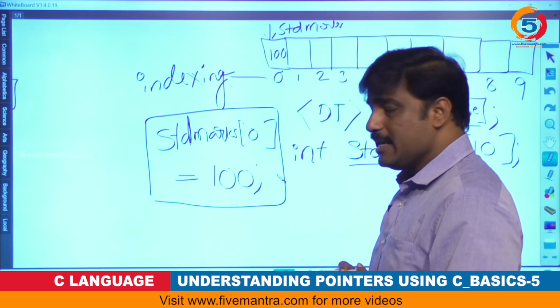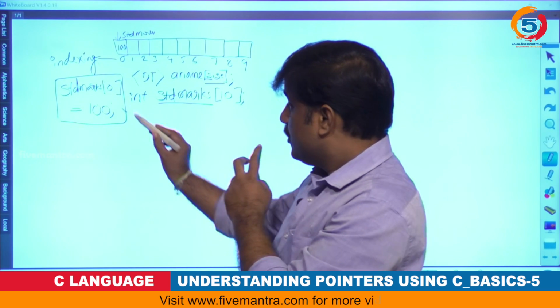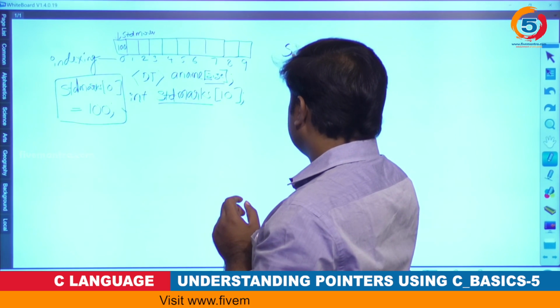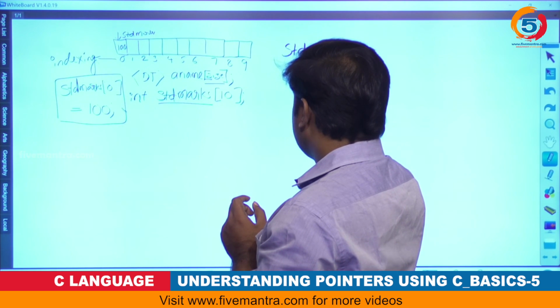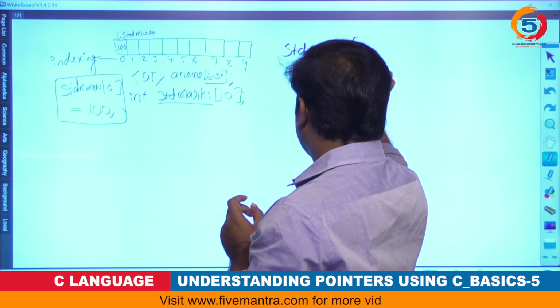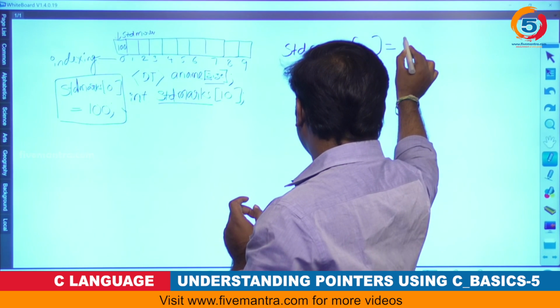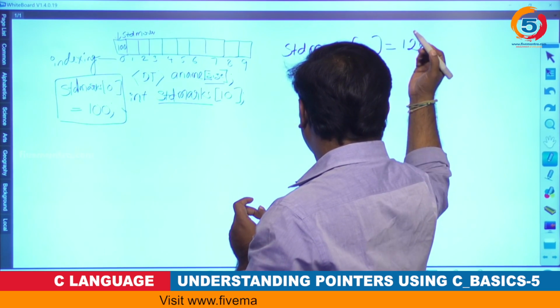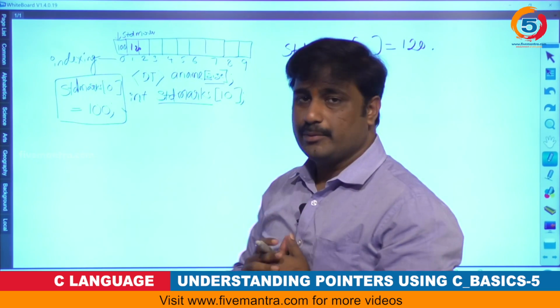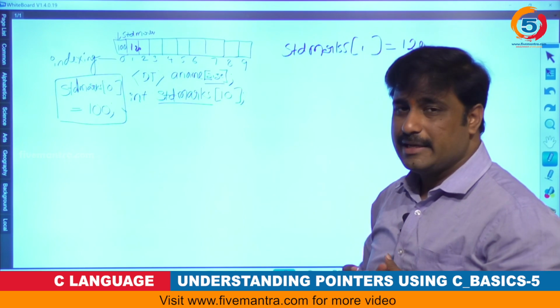Now I want to assign different numbers. Student marks, this is my array name, marks of 1 equal to 120, so 120 will be saved into this. In this way the total data will be accessed.